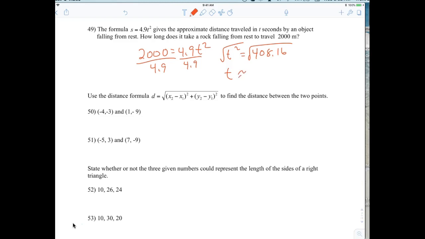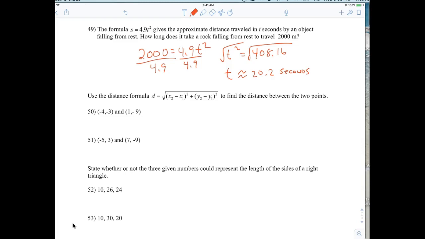So t is roughly what? 20 point what? 20.2. All right, about 20.2, and we say that would be in seconds. So after 20 seconds, the object would have fallen 2,000 meters.